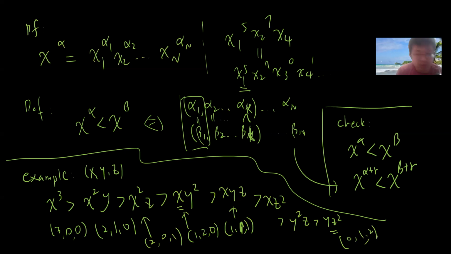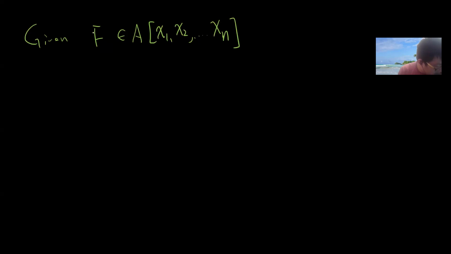Okay, so now we can do the proof. The proof is very strange; some person thought about this kind of thing. Now given f, a symmetric polynomial in this polynomial ring, I can order these terms and pick the largest one.